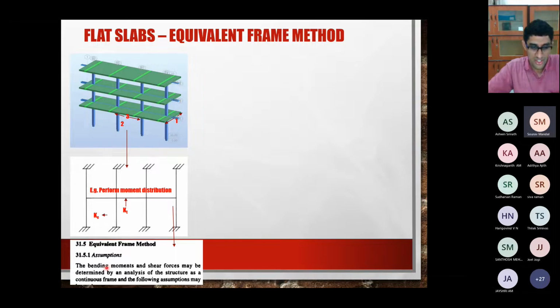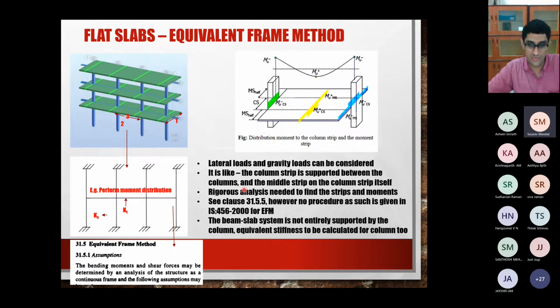Okay, so the bending moments and shear forces may be determined by an analysis of the structure as a continuous frame, and the following assumptions. I'm not looking at the assumptions yet. So this is how you take it, but if you do a moment distribution, you will probably find negative moments at the edge, positive moments in the span.